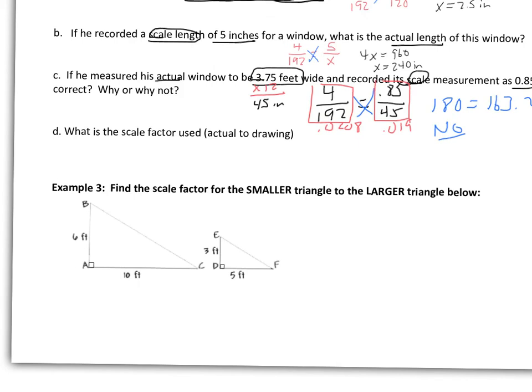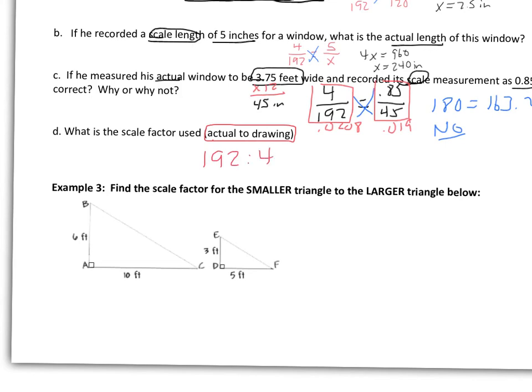What's the scale factor used? Okay, well, this one, we have to watch the direction here very carefully. Actual to drawing. So we have to take the actual one, and again, if I take, let's say 4 is the inches of the drawing, and 192 is the building, we would say 192 to 4.